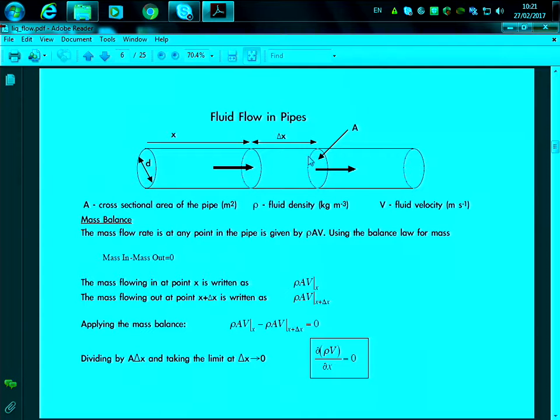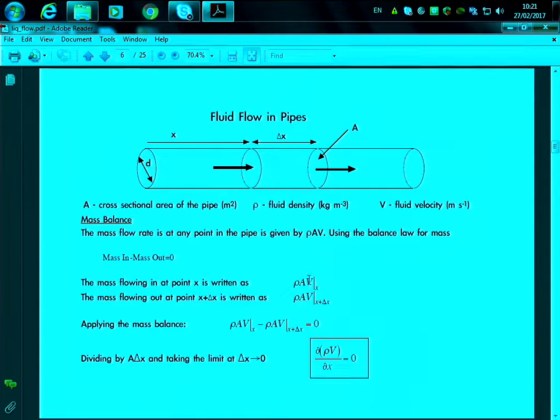So x is the initial point here. The mass flowing out at point x plus delta x is rho AV out at x plus delta x. That is the mass going out here, once we have passed delta x. So this is mass going in, mass going out. Therefore the mass balance can be explained like that: rho AV at the inlet minus rho AV at the outlet equals 0.